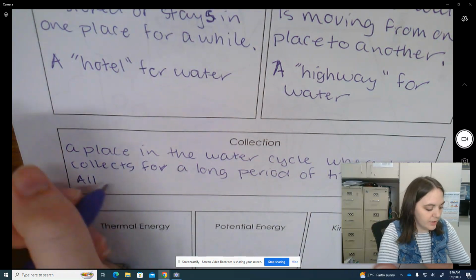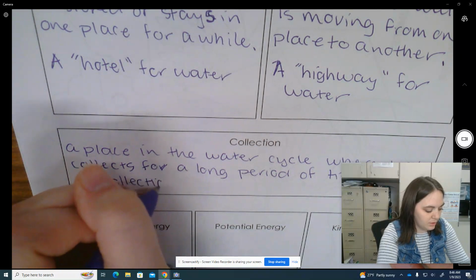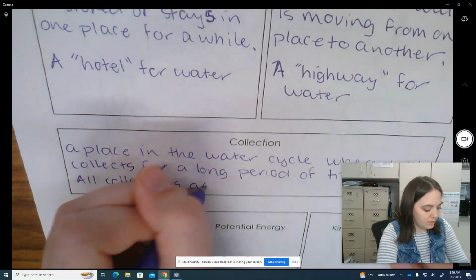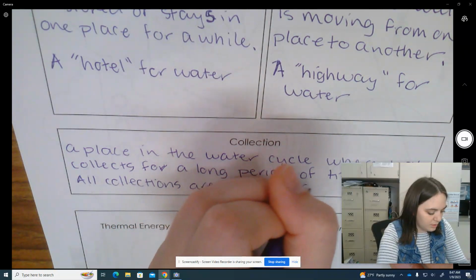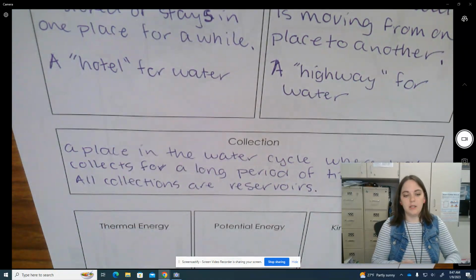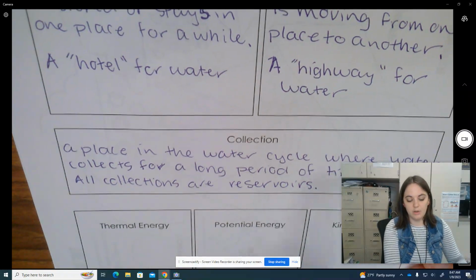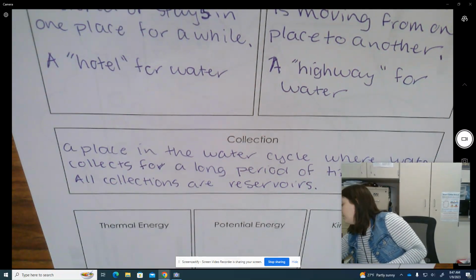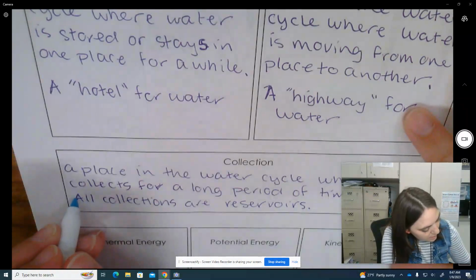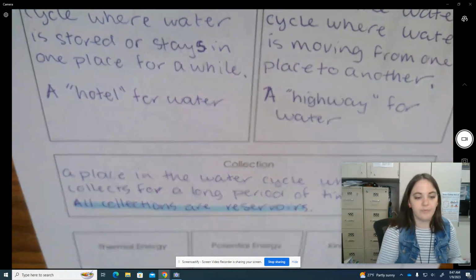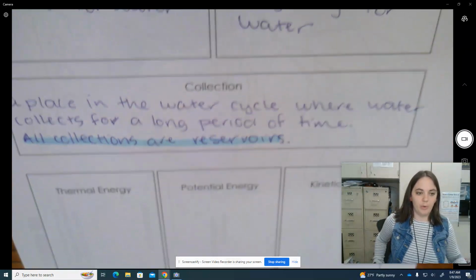All collections are reservoirs. Okay, this is very important. All collections are reservoirs. All collections. I'm going to use a highlighter. I'll highlight this sentence right there. All collections are reservoirs. It's very, very important.